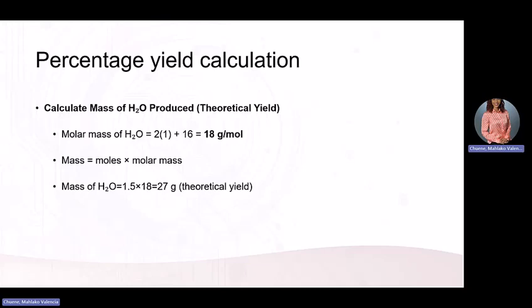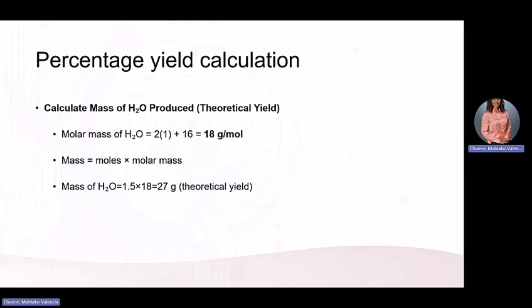Molar mass of hydrogen is 1, so 2 times 1 plus 16, we are then going to get 18 grams per mole. So this is the theoretical yield. All right. So this is what we then expect. And then mass equals moles times molar mass. That is how we get our mass.